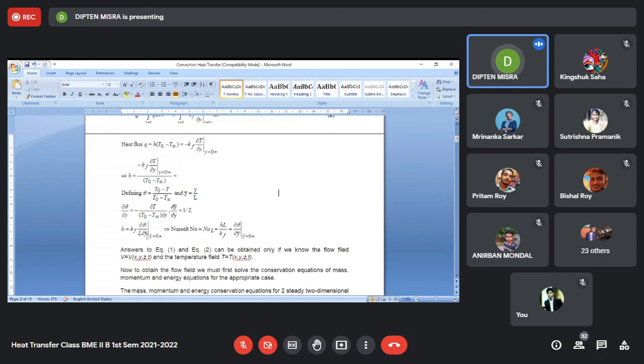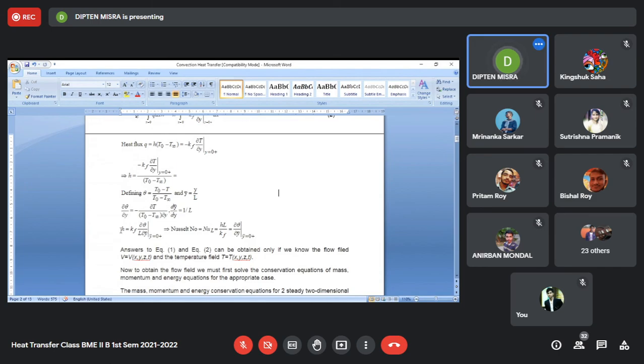Again, that is what we have to find out in theoretical convective heat transfer. Once you know this, you can get the value of H, or the corresponding dimensionless term. H and Nu are the same thing expressed in two different modes.